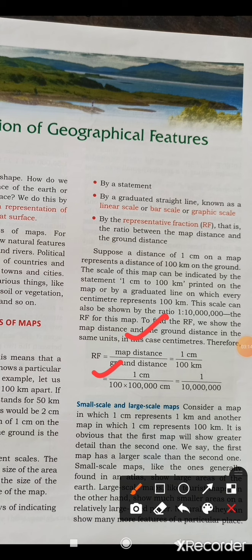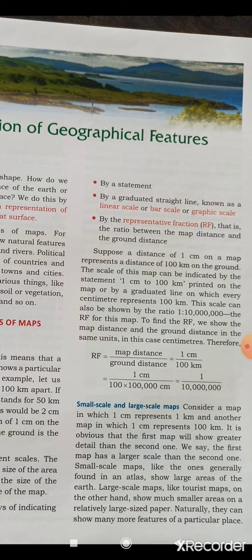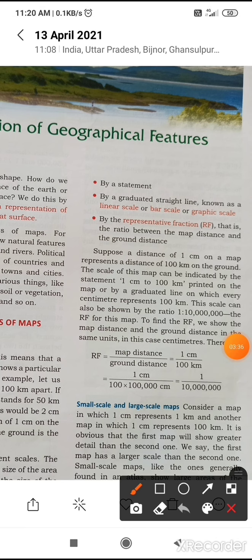If the scale they have given is 1 centimeter to 100 kilometer, it is given in statement. Now you have to find out in the form of RF. So how can you find out? It means map distance they have given 1 centimeter and the ground distance they have given 100 kilometer.